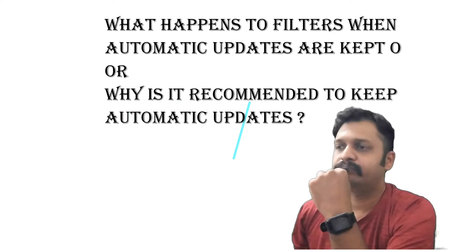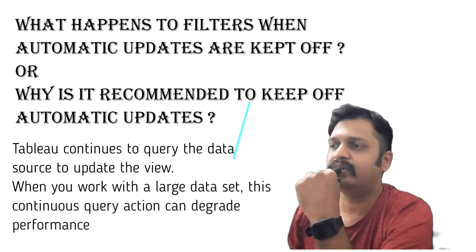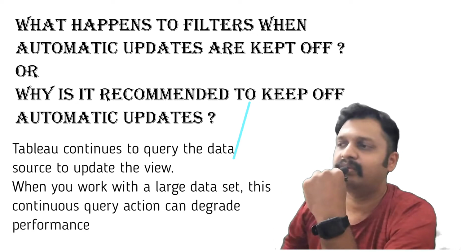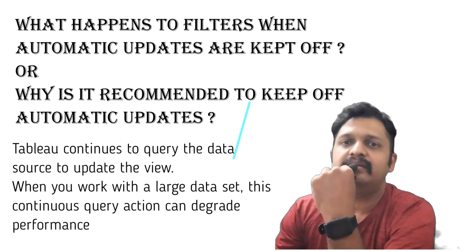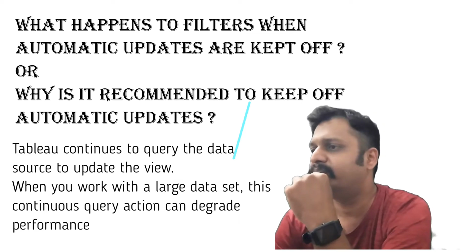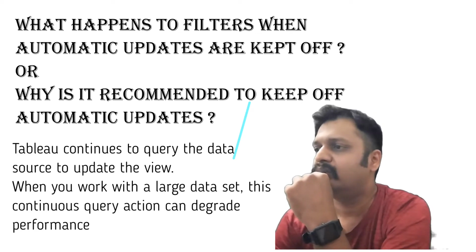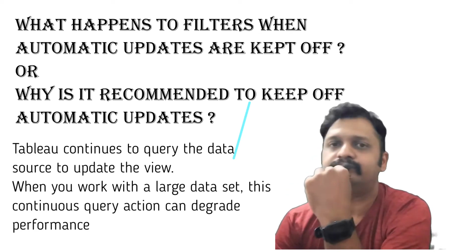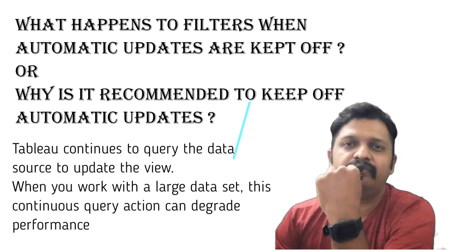Next question. What happens to filters when automatic updates are kept off, or why is it recommended to keep off automatic updates? When you change a filter, even when you turn off automatic updates for worksheets, Tableau continues to query the data source to update the view.